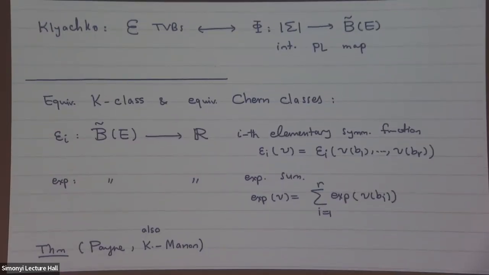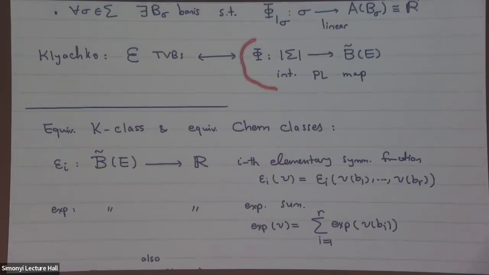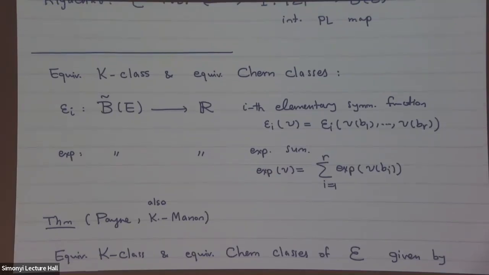And it's also easy to recover from this piecewise linear map the equivariant Chern classes and the K-class of the vector bundle. This goes back to Sam Payne again, but looking at this notion of piecewise linear function, it's the same statement as Sam's, but said a little bit differently in our paper.